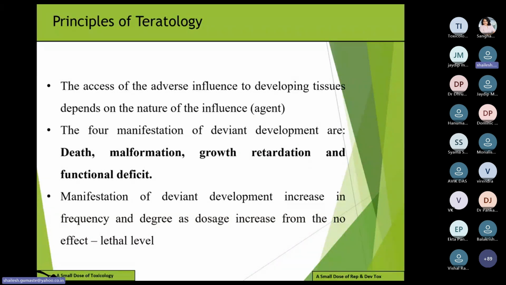So the Wilson principles of teratology provide a framework for understanding the complex interaction between genetic and environmental factors that contribute to birth defects and developmental abnormalities. These principles have important implications for research, risk assessment, and prevention of birth defects.